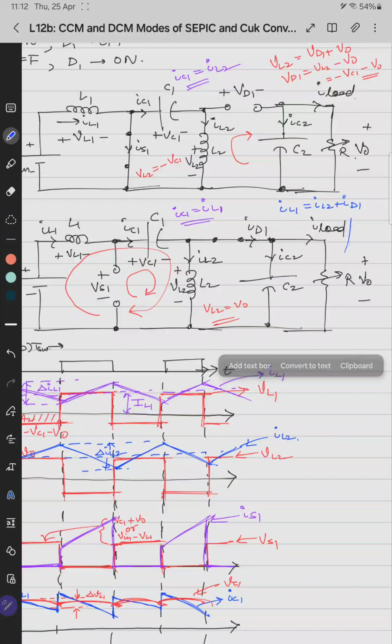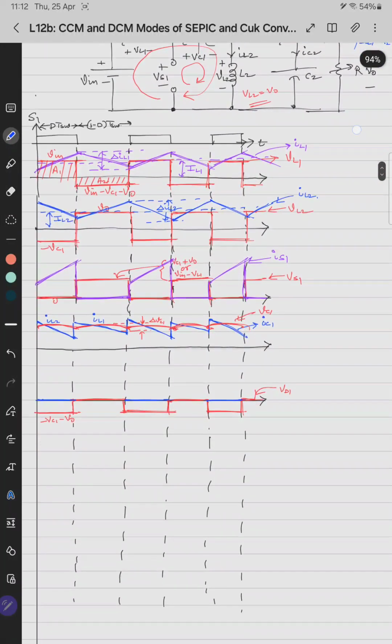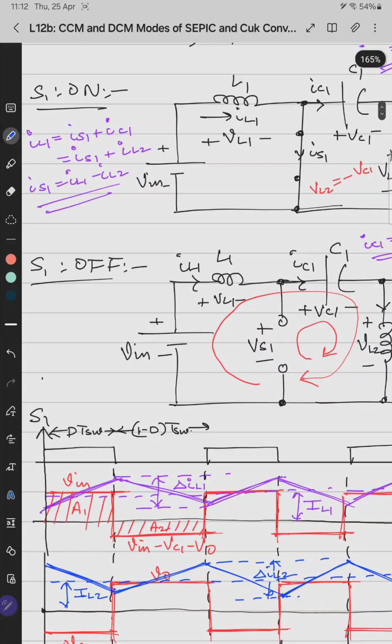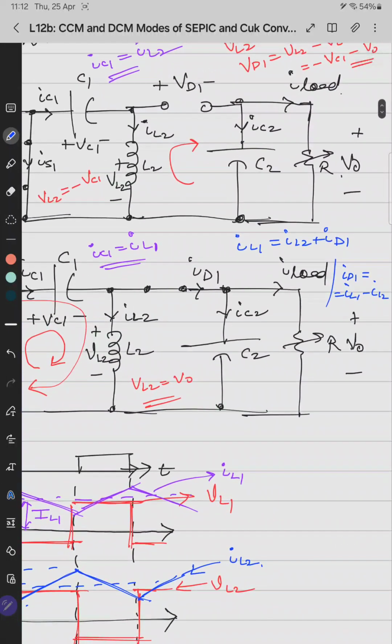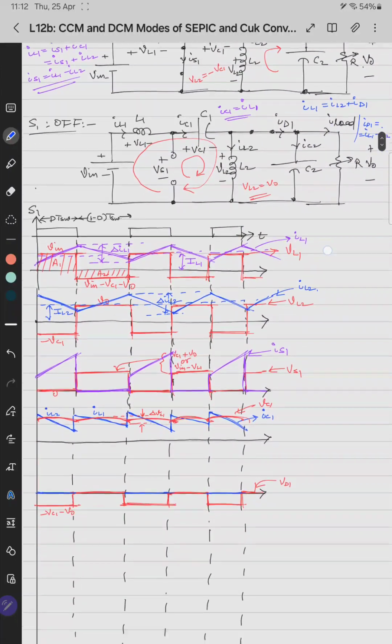So ID1 is IL1 minus IL2. When it is off, which is similar to IL1 minus IL2 in the positive direction. So this is IL1 minus IL2.